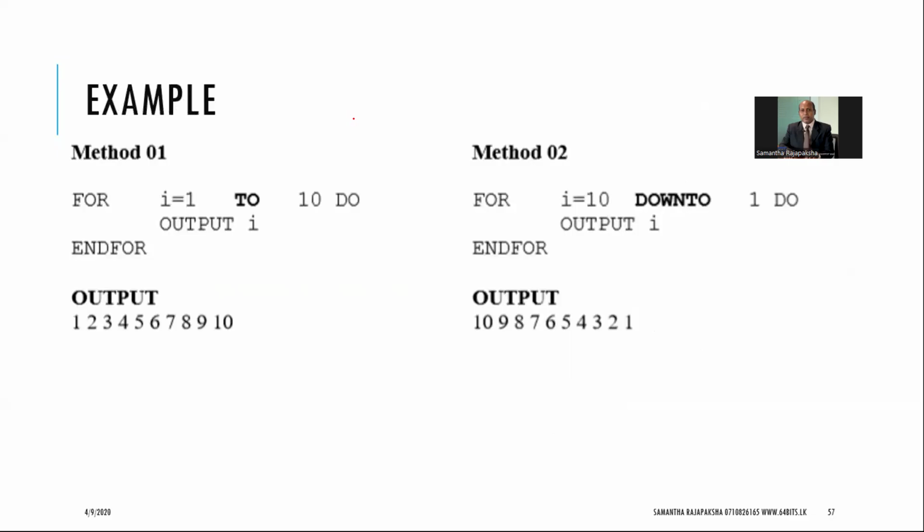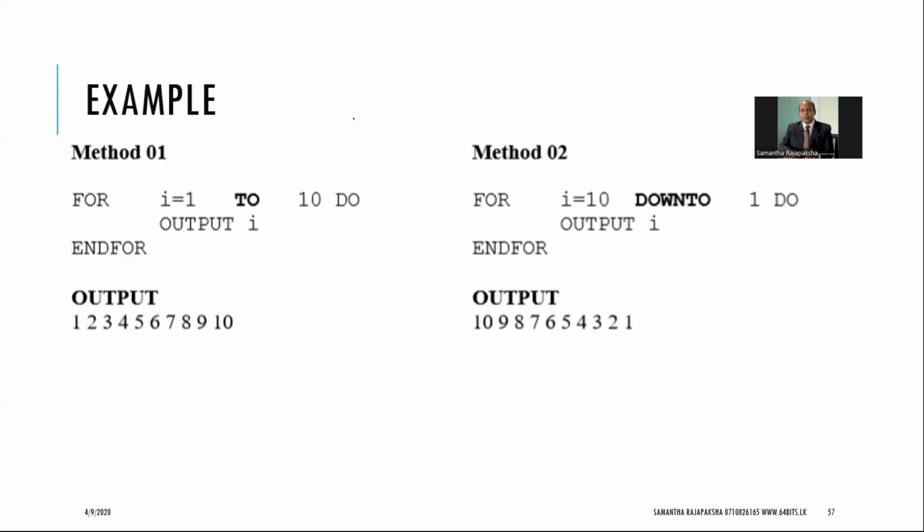So if you take this first example, I equals 1 to 10. That means I goes from 1 to 10. Output I. That means the output is 1 to 10. Next one is a for loop, I equals 10 down to 1. Down to means reduced by 1. So then it goes from 10 to 1: 10, 9, 8 like that.